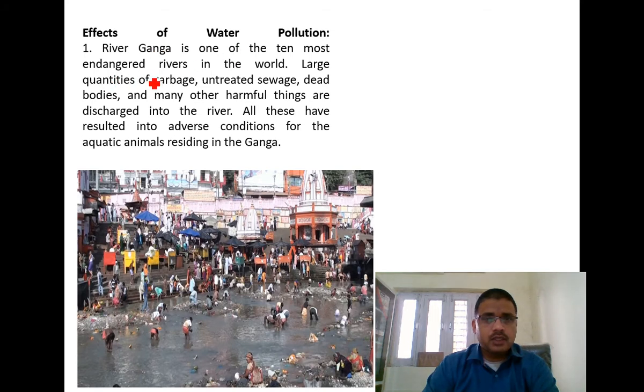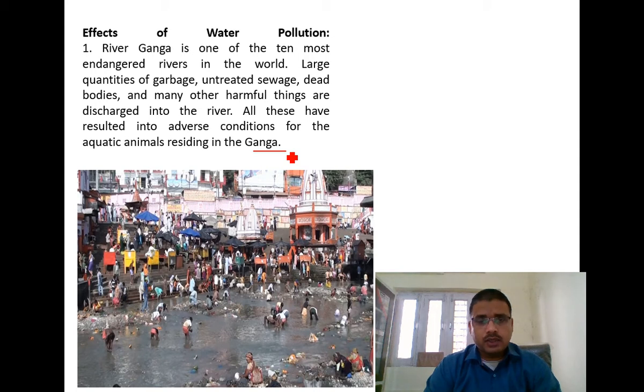Large quantities of garbage, untreated sewage, dead bodies and many other harmful things are discharged into this river. All these have resulted in adverse conditions for the aquatic animals residing in the Ganga. So this is one example where you can see how water pollutants affect water bodies.